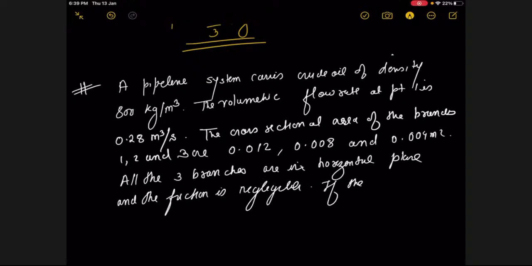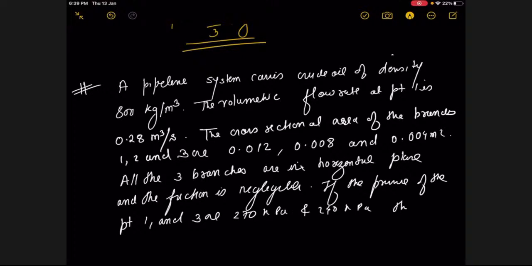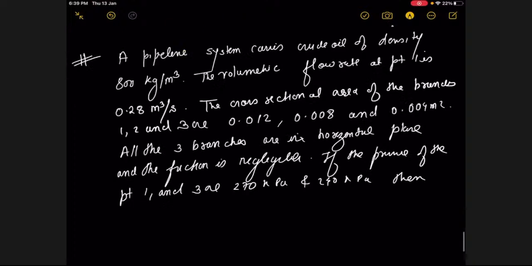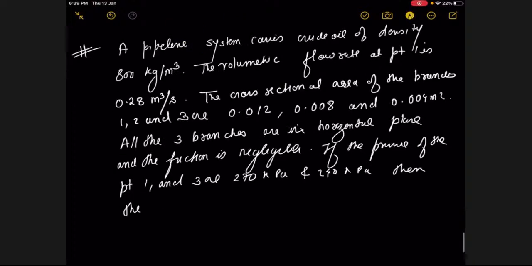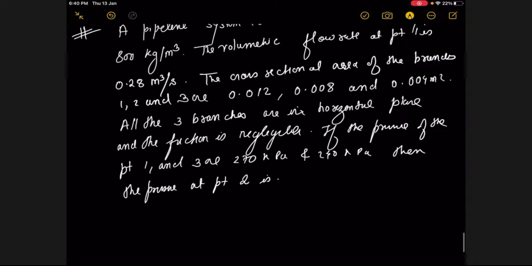If the pressures at points 1 and 3 are 270 kilopascal and 240 kilopascal, then the pressure at point 2 is?